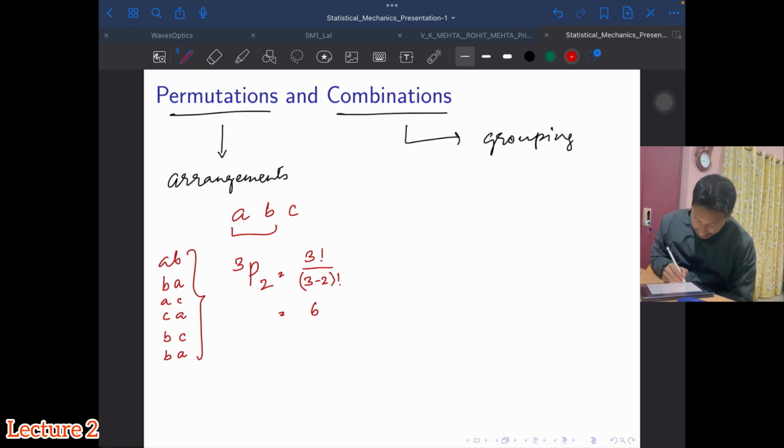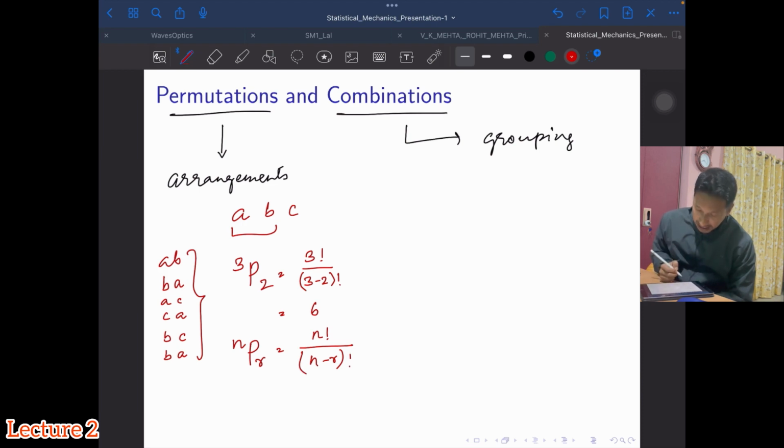Basically, if there are n objects in total and I take r objects at a time, the number of ways I can arrange them is given by n factorial divided by (n minus r) factorial.